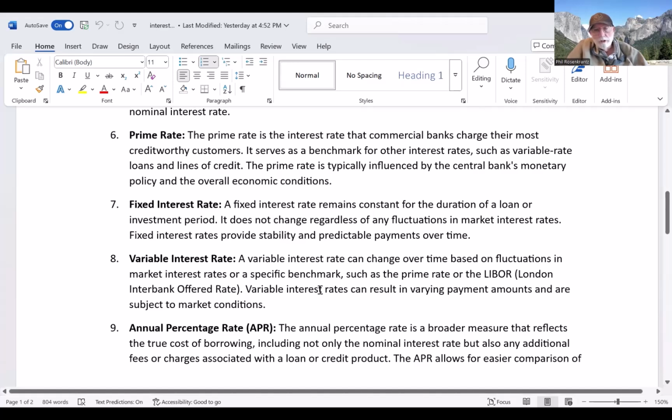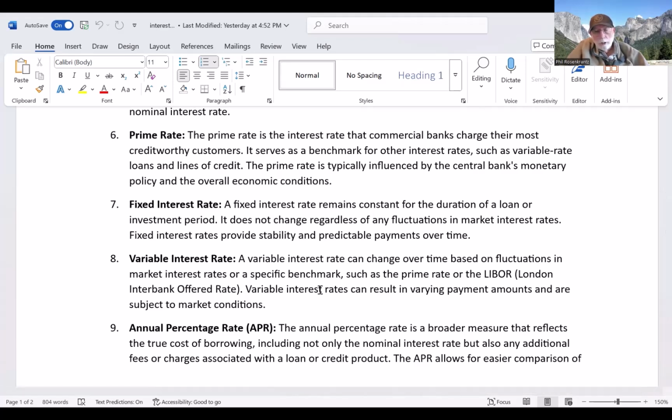type of interest rate is a variable interest rate. And this is when you have a loan. It could be a home loan. It could be a home equity line of credit.